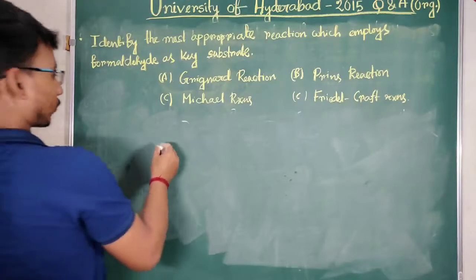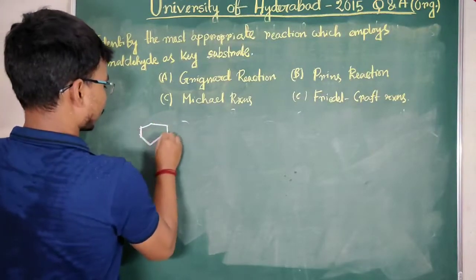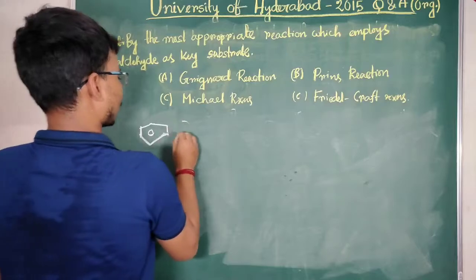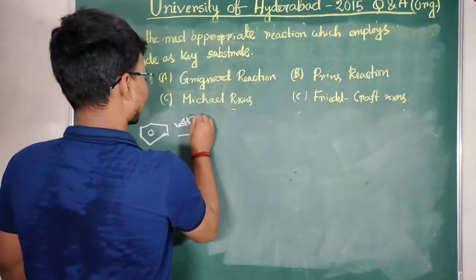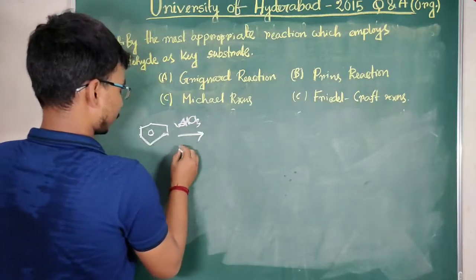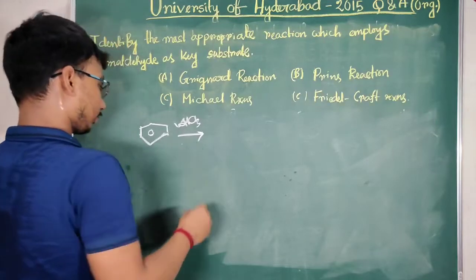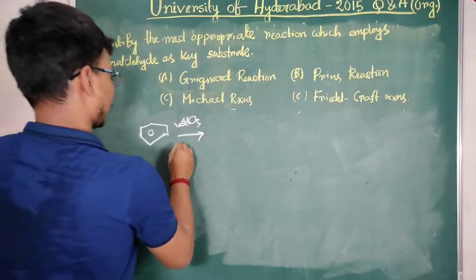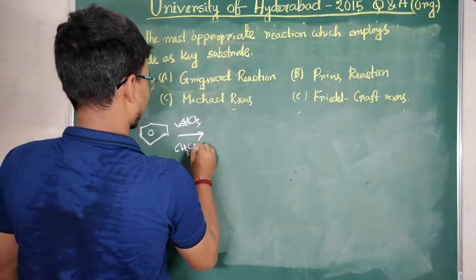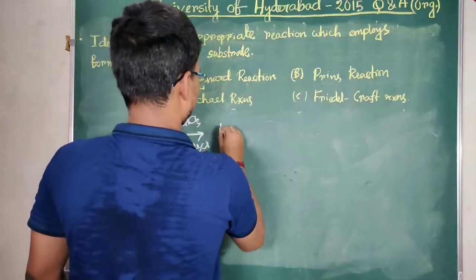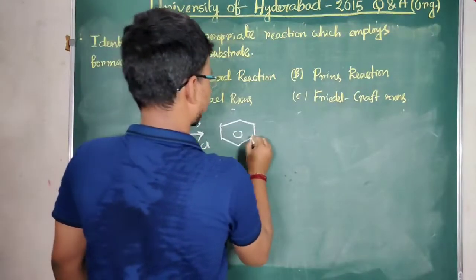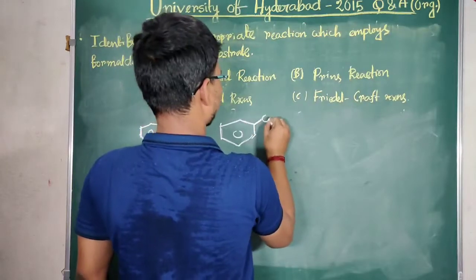What is it? Let's start with basics. AlCl3. Suppose we use CH3CH2Cl. It's a Friedel-Crafts alkylation I am talking about. So what we get? CH2CH3.